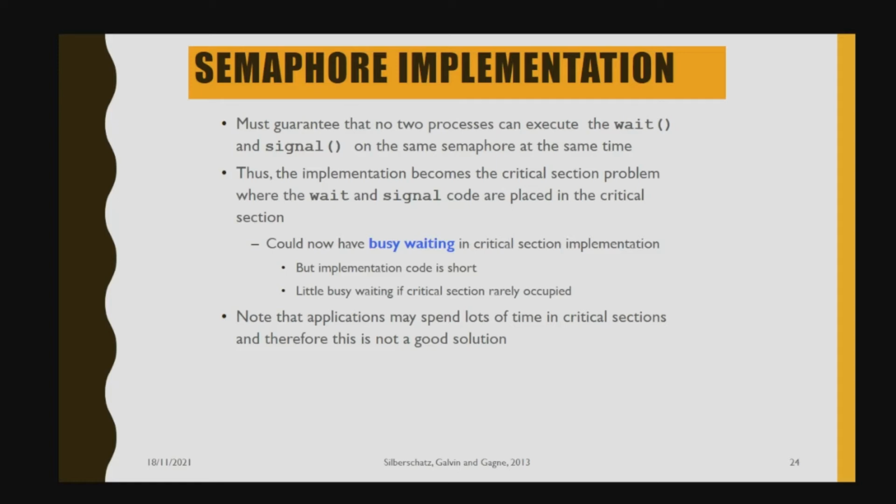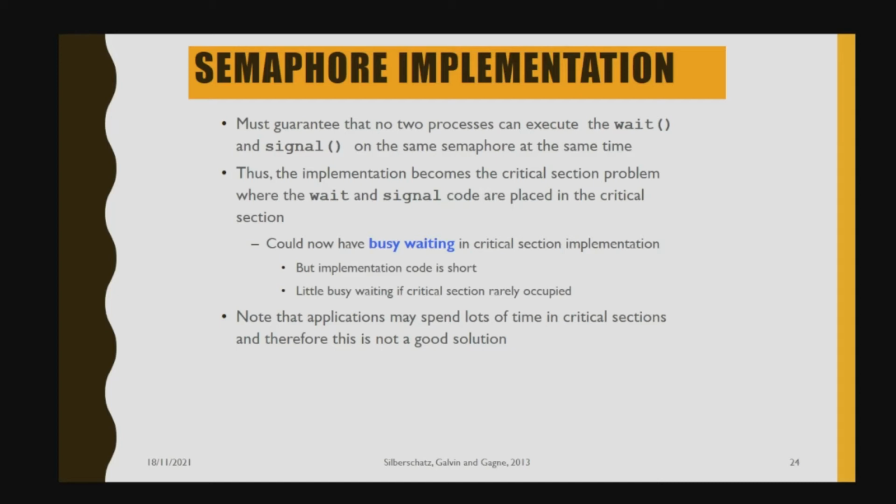Thus the implementation becomes a critical section problem, where the wait and signal functions are placed in the critical section. So now we have busy waiting in the critical section implementation, but the code is short, so there is little busy waiting.